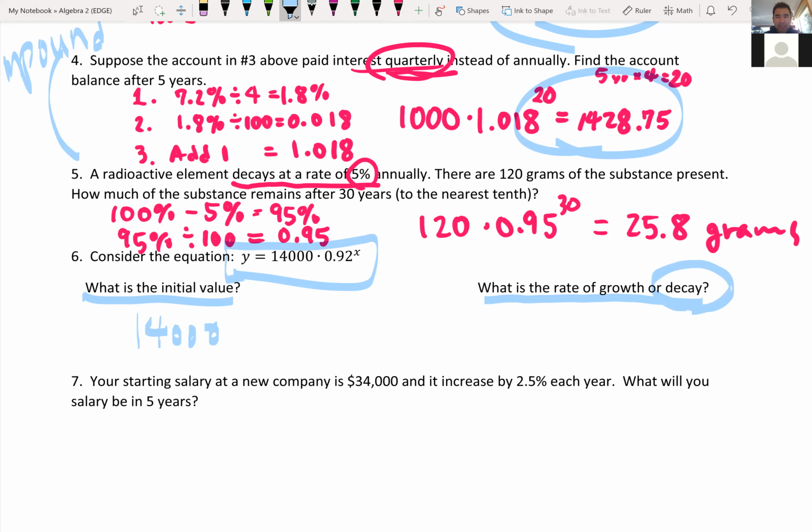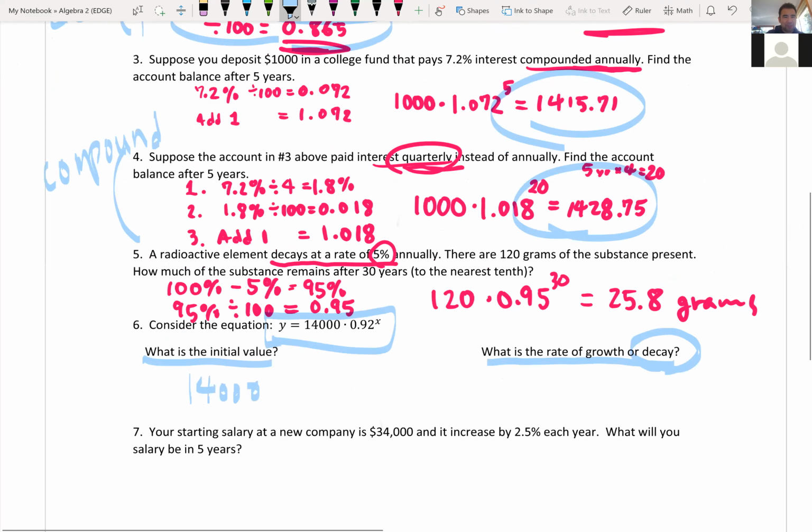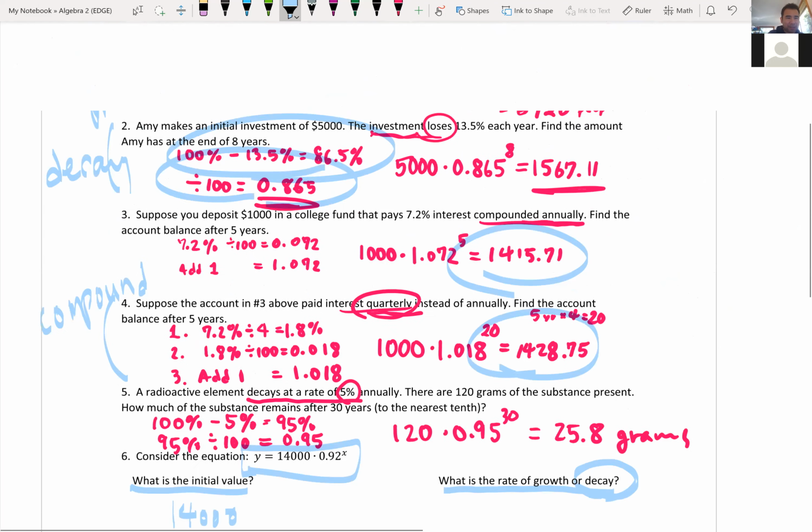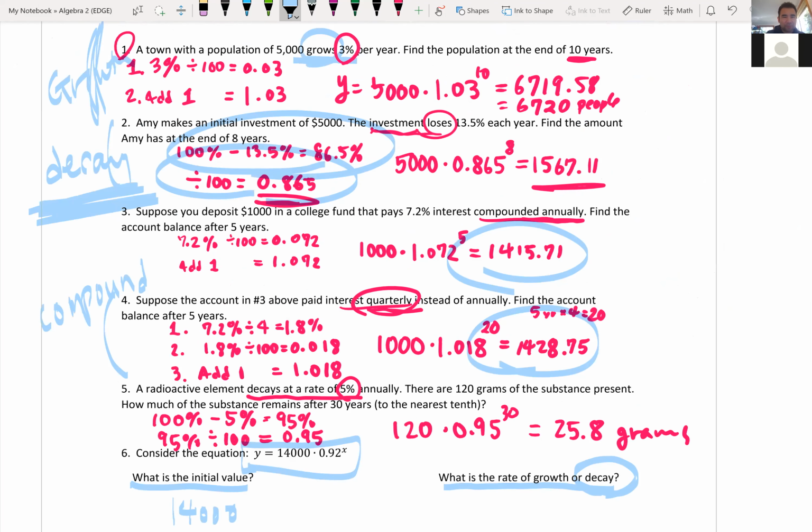Next, what is the rate of decay then? Is it 92%? No, that's not how it works, right? If you look at the decay problem, like right here, number 2, if you look at 0.865, does that mean what was the rate?